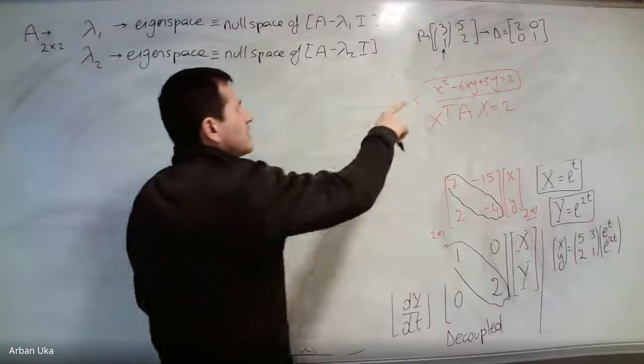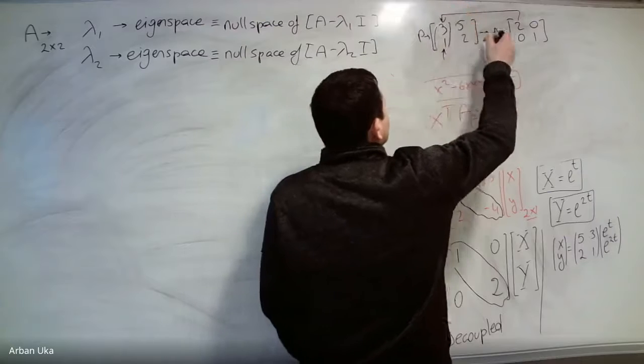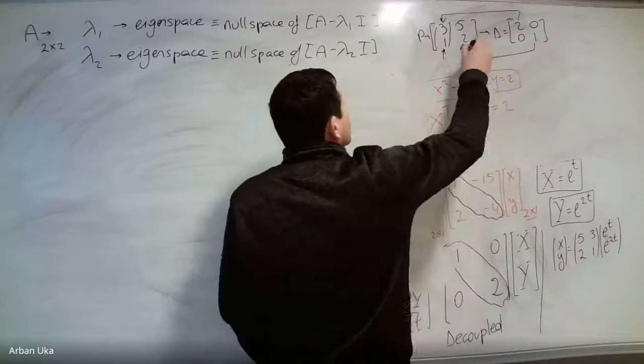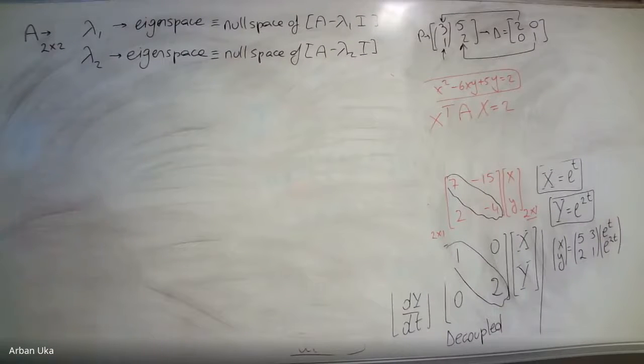If you check the notes, this was the eigenvector, and this was the corresponding eigenvector. The dimensions of both of these respective eigenspaces were 1 and 1.